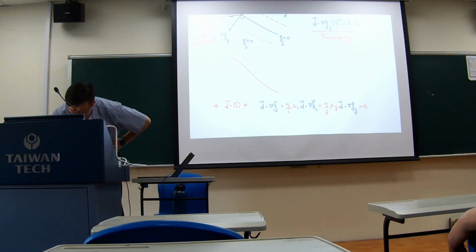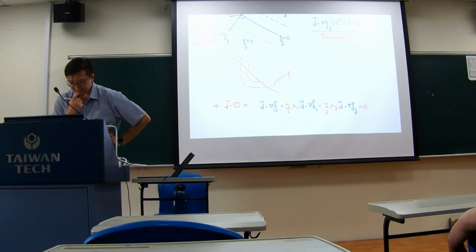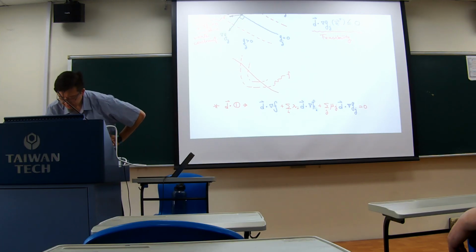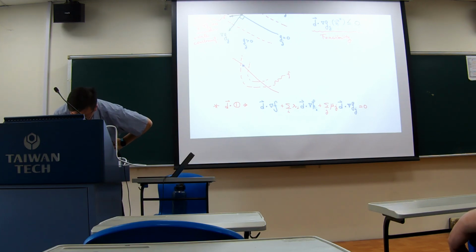So if I have a contour, this is the contour of F, and let's use the same example. So here is your xk, and here is already your optimum. In the earlier example, you can say this is the d for k, right?